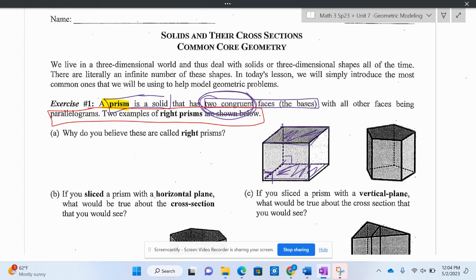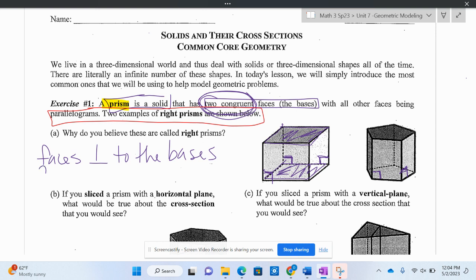These are called right prisms because the faces are perpendicular to the bases. Does that make sense? The faces are perpendicular to the bases. That's why we call it that.